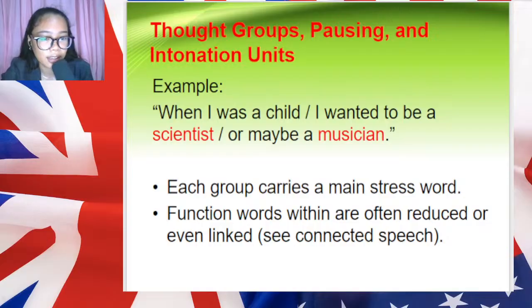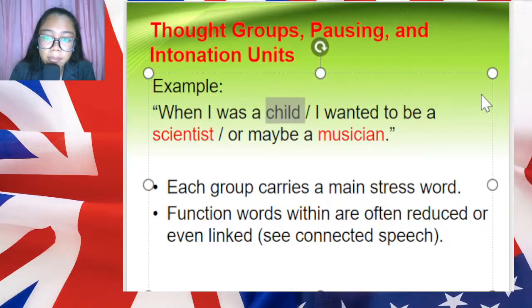For example, in the sentence, "when I was a child," child is the word that is strongly stressed in the first thought group. Second thought group, "I wanted to be a scientist." And lastly, "or maybe a musician."